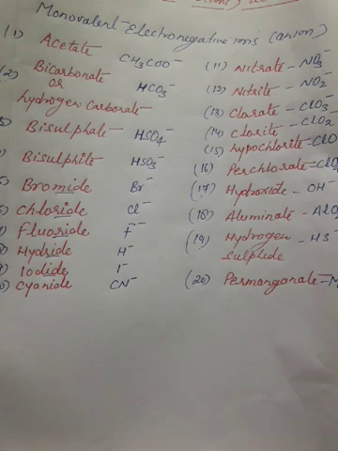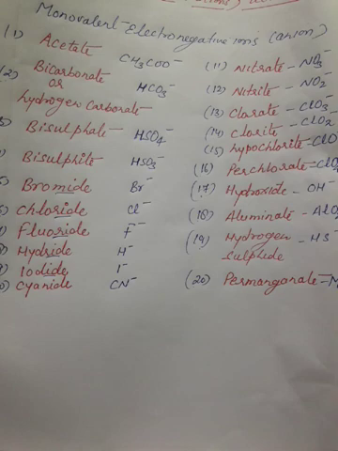Acetate CH3COO, you must have heard of acetic acid. What is acetic acid? CH3COOH. If you know acetic acid you will remember acetate also. Just remove H, you will get which radical? Acetate, CH3COO 1 minus. Acetate radical.